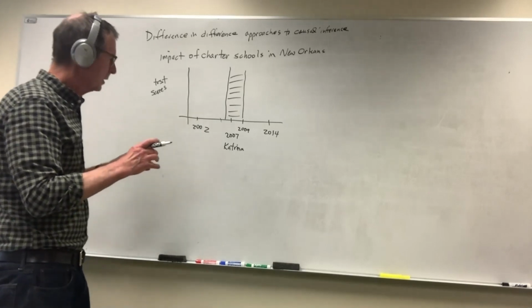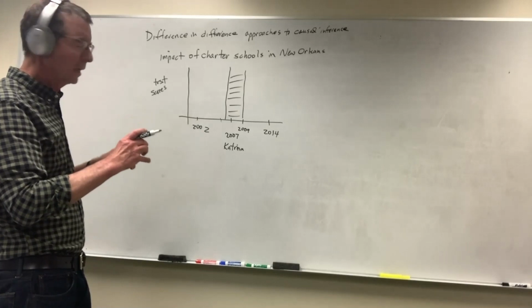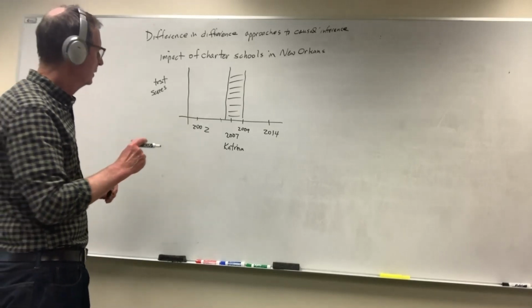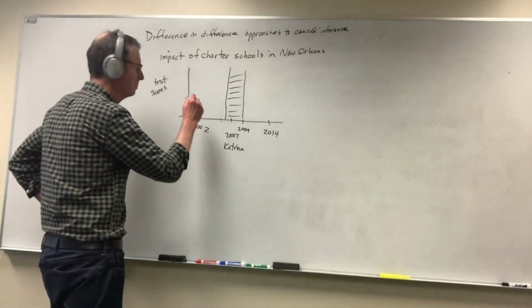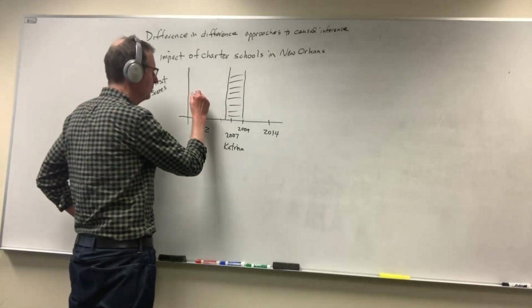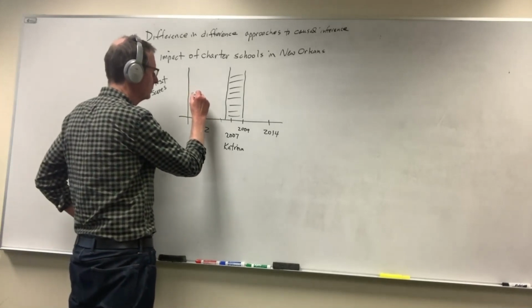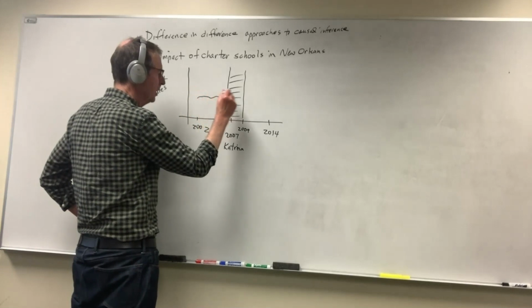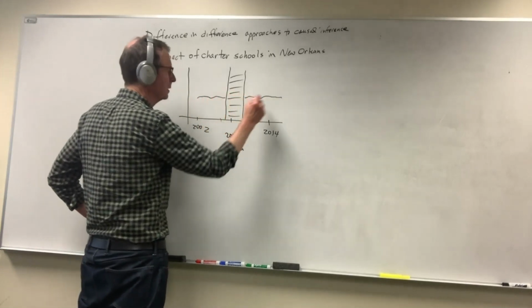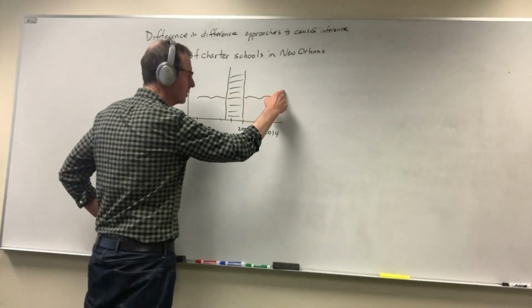So think about what the data are going to look like in terms of average test scores. For non-New Orleans students, you know, there might be a change, but for the most part, this is close.